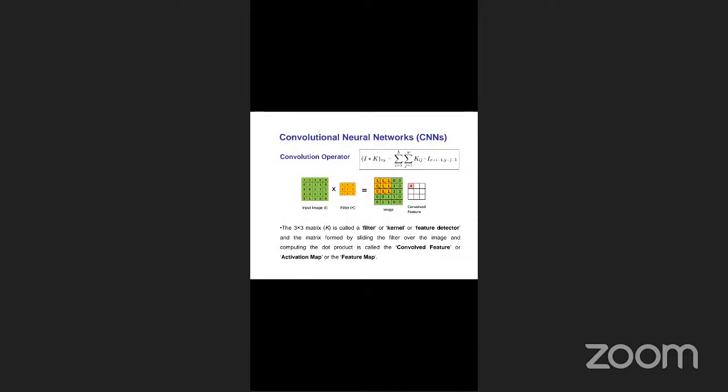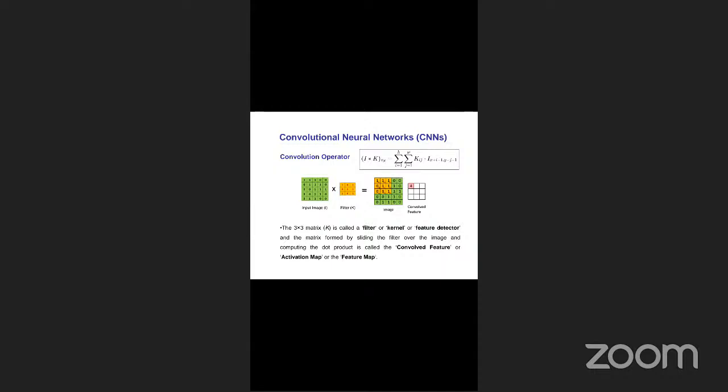How is the convolution done? The input image will have a filter. The filter is of small size. It can be 3 by 3 or 2 by 2, depending on how much precision we want. And then the filter will do the dot product with the input image. And what we get is the convoluted picture. For example, here we have taken 3 by 3.